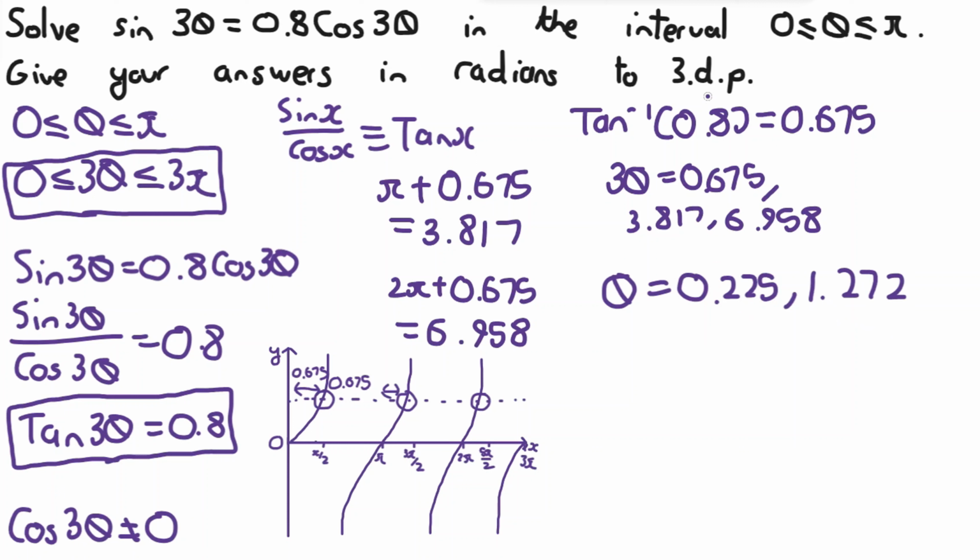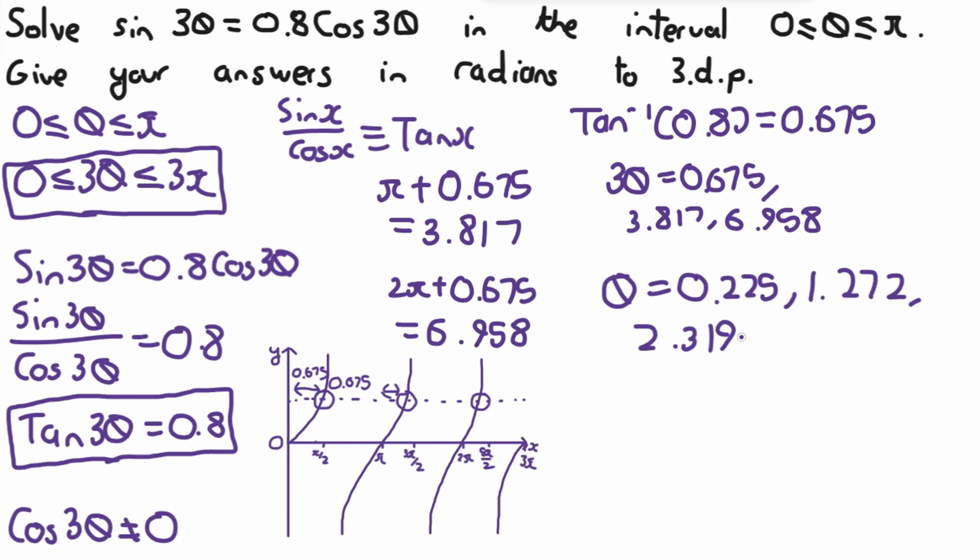We need it to 3 decimal places, as the question states. And then 6.958 divided by 3 is equal to 2.319. You can check if you want. All of these values lie in this interval here. So these are the final answers. Theta is equal to 0.225, 1.272 and 2.319.